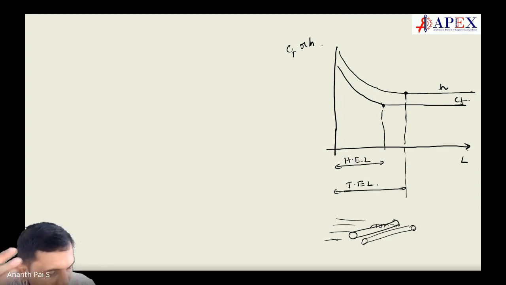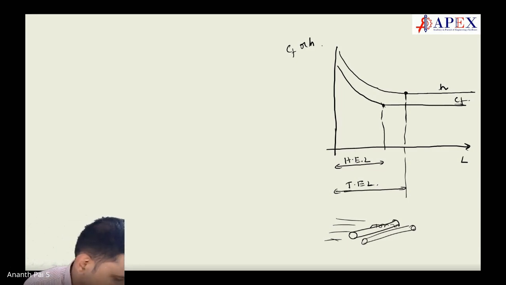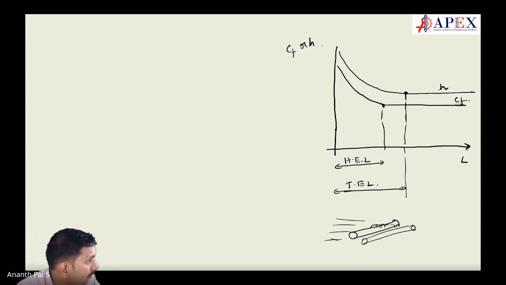Okay, so let us see that. It depends on a lot of things. And also it depends on the velocity. If the incoming velocity is more, the developing region is big. Why?